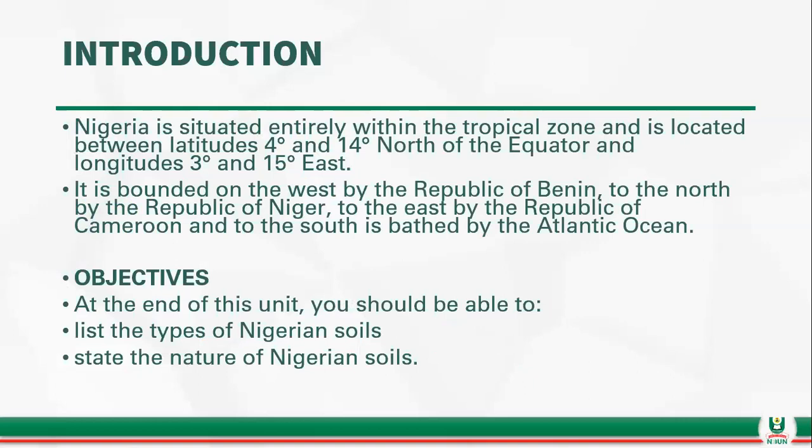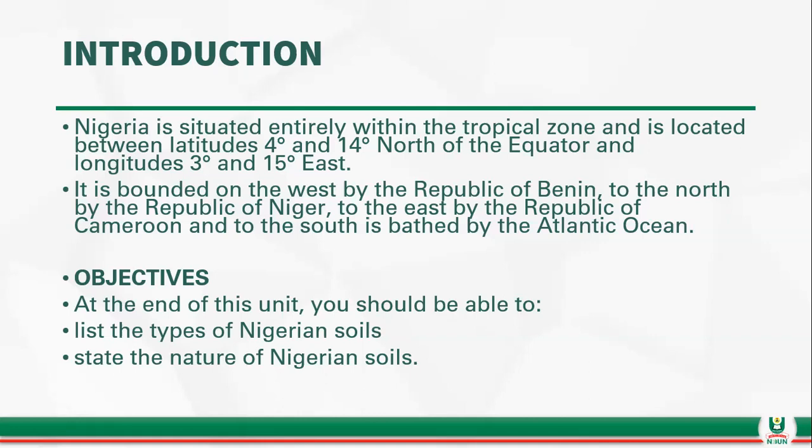Nigeria is situated within the tropical zones. When we talk about the tropics, it's an area located between latitude 4 degrees and 14 degrees north of the equator, as well as longitude 3 and 15 degrees east.